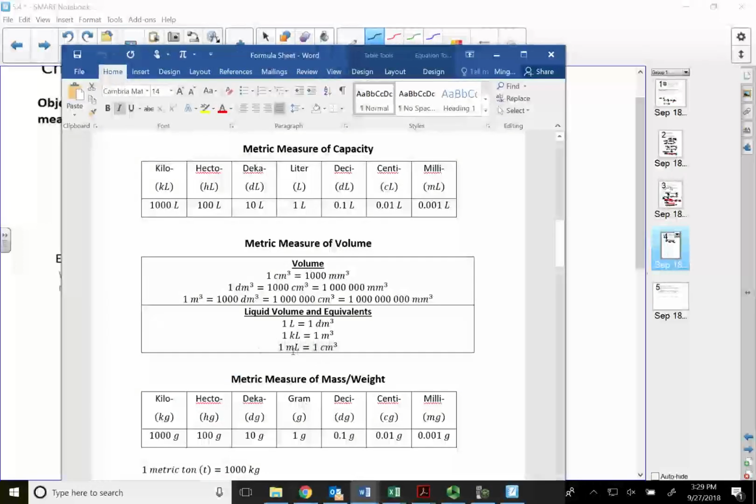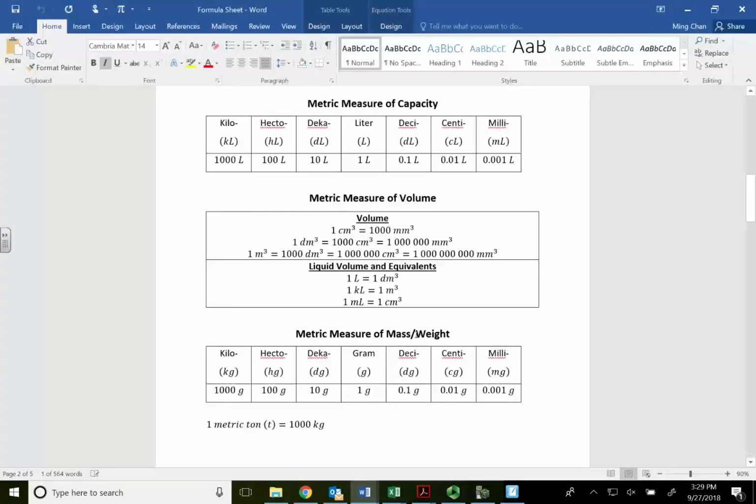Well, milliliter is actually a 1-to-1 ratio with cubic centimeter. So that means, well, one cubic meter is actually 1 kiloliter.